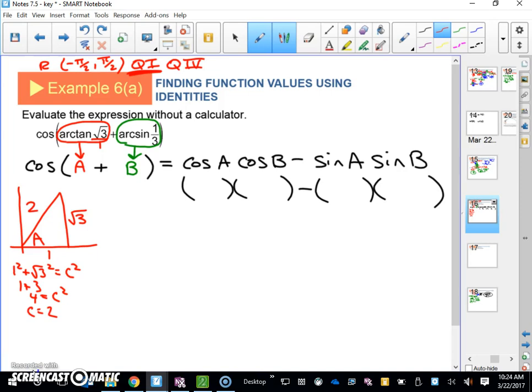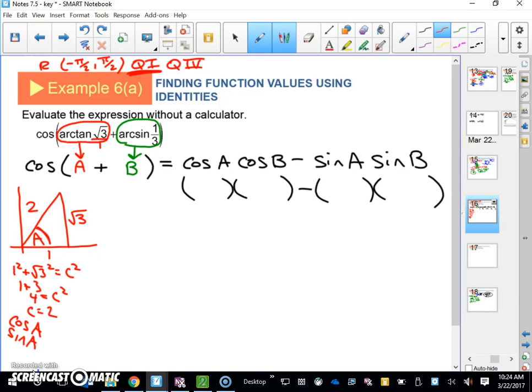So once you've got all those sides, then you ought to be able to tell me any of the trig ratios. And you look at your 4 blanks that you have to fill in. It looks like we need to know what cosine A is, and we need to know sine A. And you ought to be able to tell those from this picture. Look at the picture, look at the angle, look at the relationships to the sides.